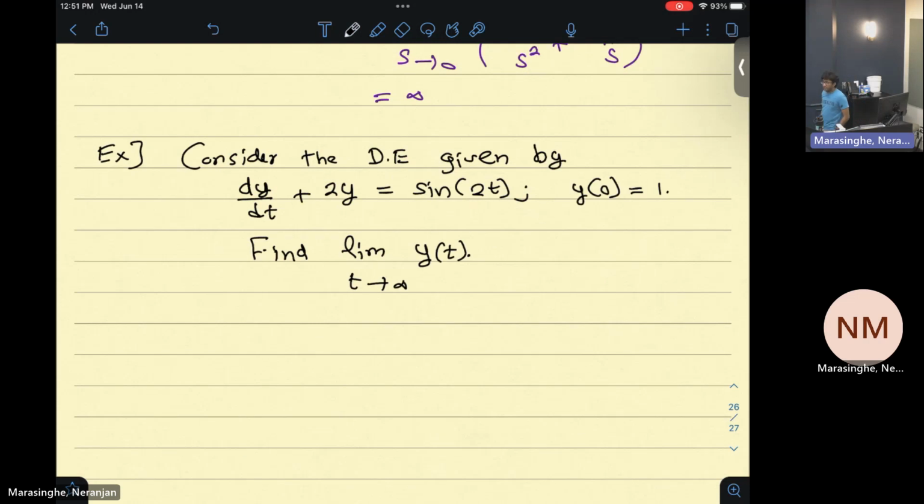the same technique that I used. First apply the Laplace transform to both sides, use linearity, and find Y(s), then use the final value theorem.